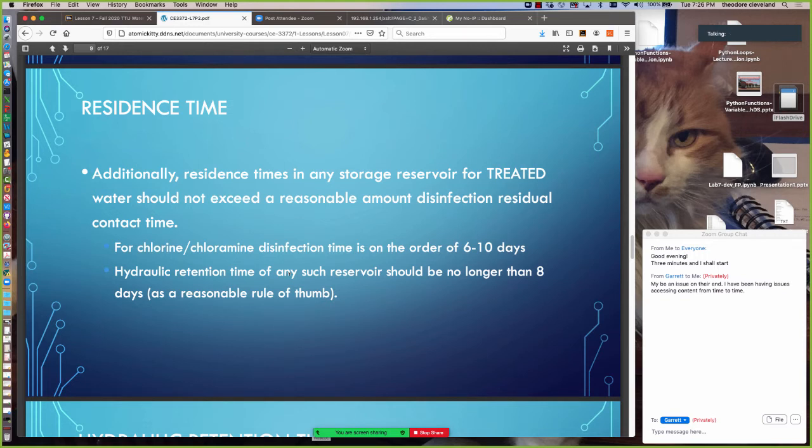But if that's left in a tank for too long, that residual decays over time, and it will decay below a statutory limit on what the minimum residual would be, which would mean the water has to be treated again. Now, arguably, treated water that's gone bad in this context would certainly be easier to treat again than starting with raw water. But that's an added complexity for a system.